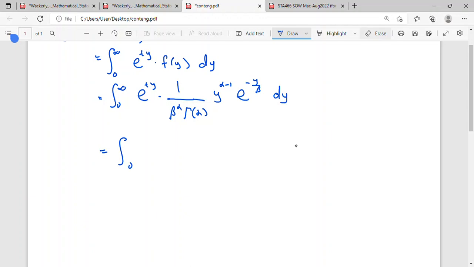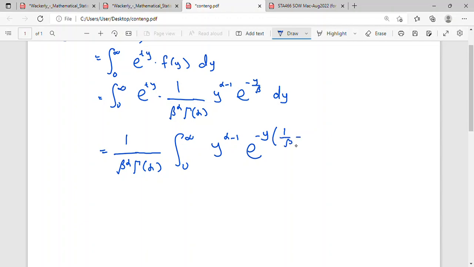Okay, kita keluarkan constant lah, okay? Keluarkan constant dulu. So 1 over beta alpha gamma alpha kat luar, integration of y alpha minus 1. Okay, multiply add the index of exponent. Macam sebelum ni saya cakap, keluarkanlah negative y ni, senang. So it will be 1 over beta, okay, minus t.